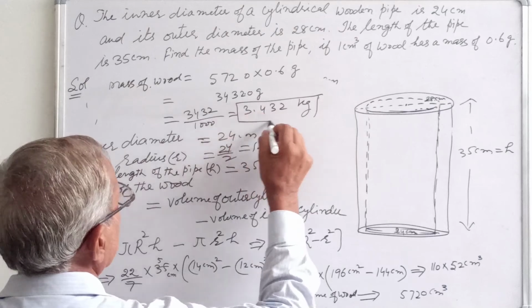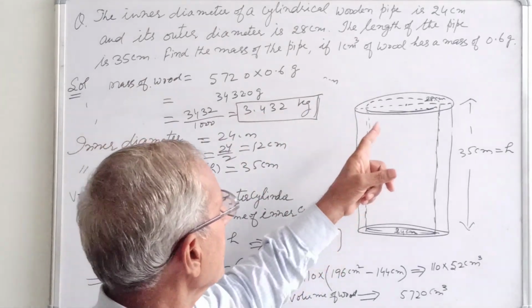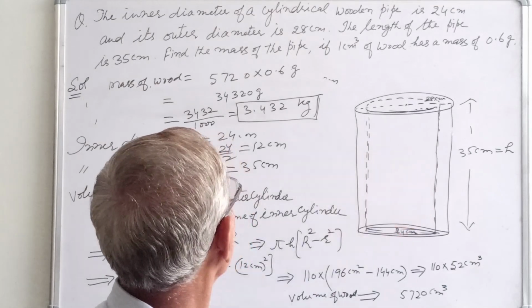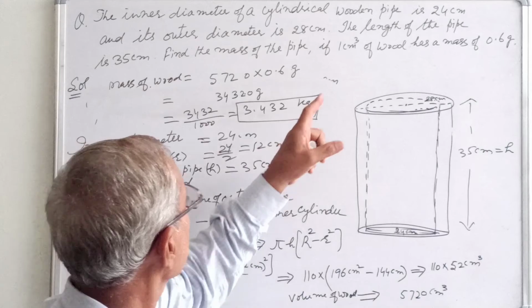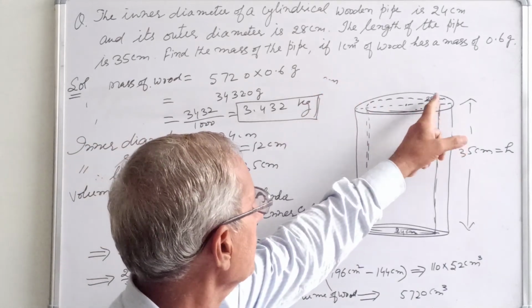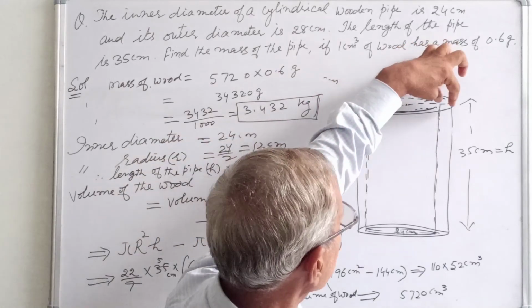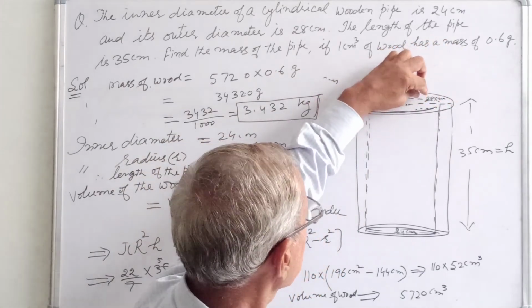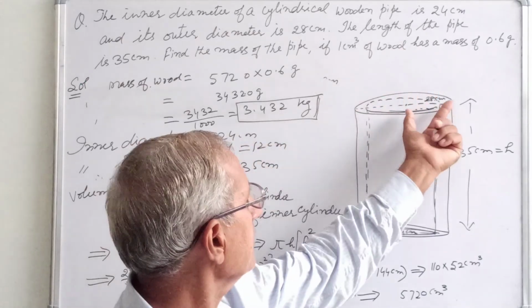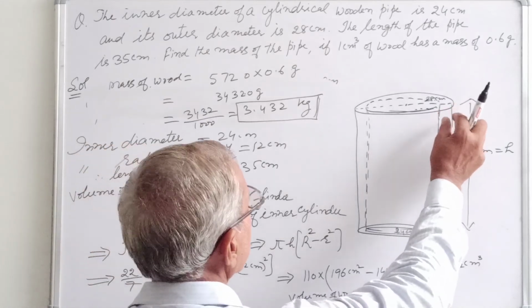So this will be the mass of the wood which is required to make a cylinder of thickness 2 centimeters, because the outer diameter is 28, inner diameter is 24. For the thickness, we have to find the difference between the radii.